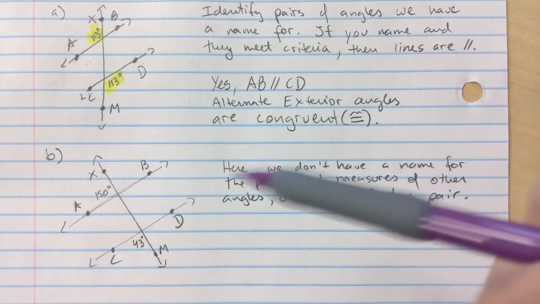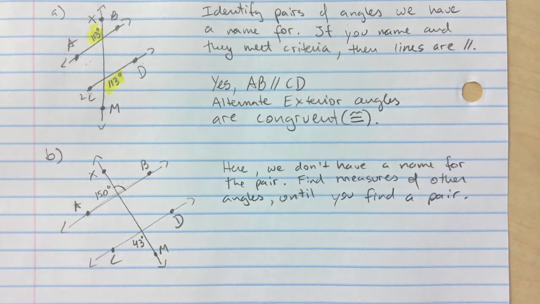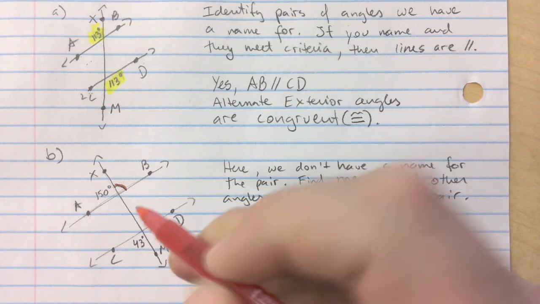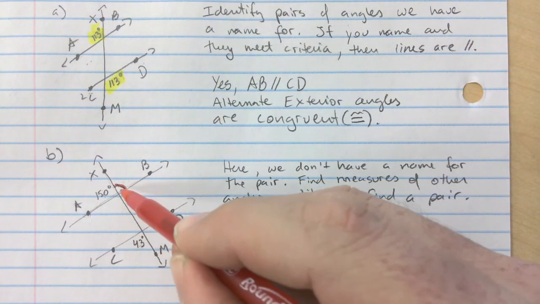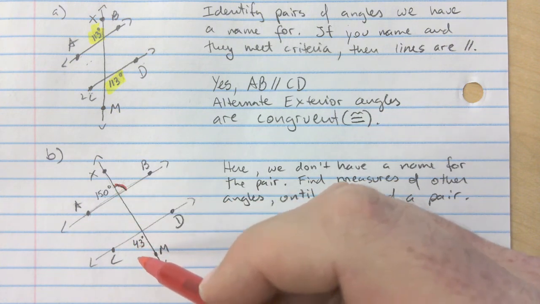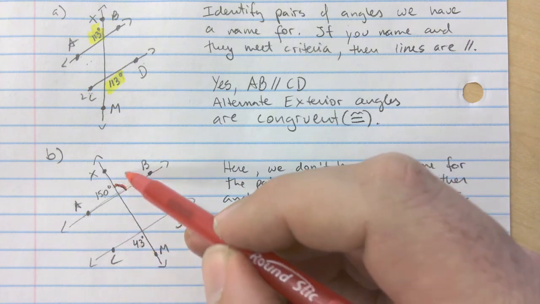So this angle here, if I were to find what this is, I'm going to use a red pen. Do we have a name for these two? The answer is yes. This is what we call alternate exterior, right?